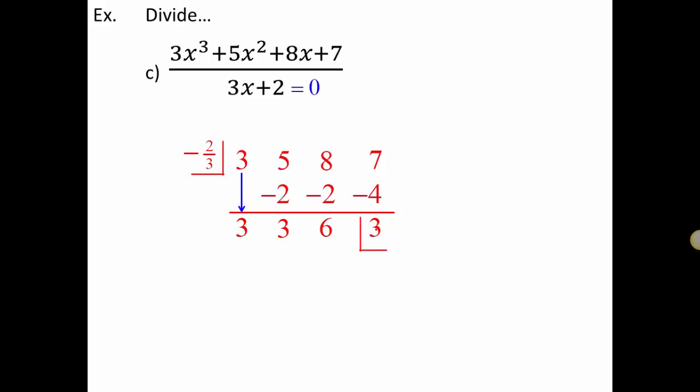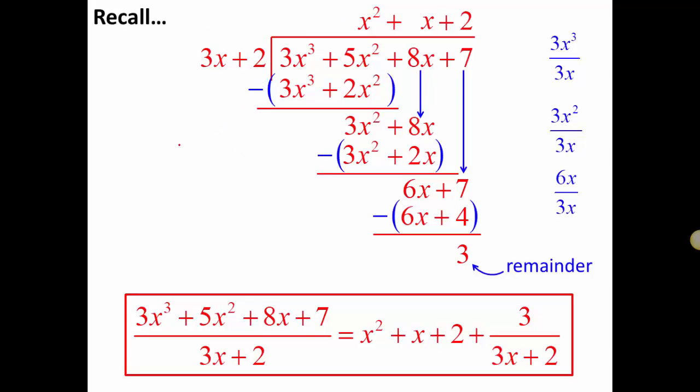Now at this point, you may have presented your answer as 3x squared plus 3x plus 6 plus 3 over 3x plus 2. And if you did that, congratulations, you followed the synthetic division algorithm, but that is the incorrect answer. Because if you remember, this problem was the one that we actually started with earlier.